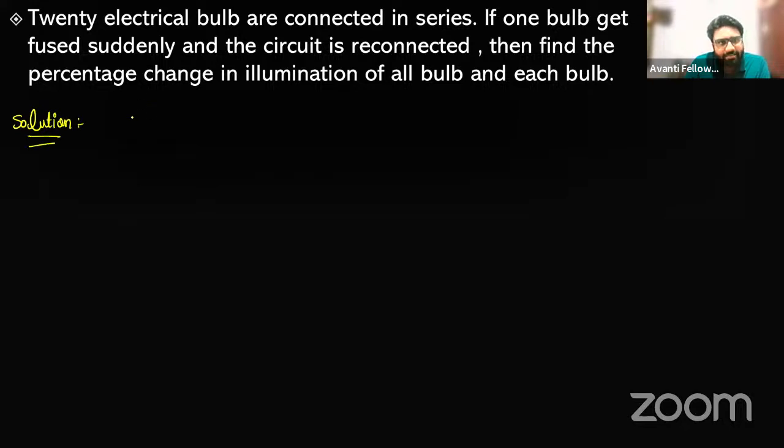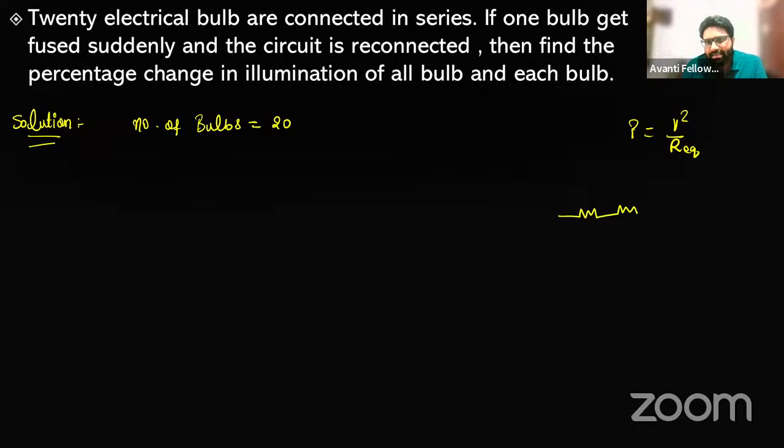How many bulbs do we have? Number of bulbs is 20. So in this case, what is the power? I told you in the previous lecture that power is V square upon R, and this R is R equivalent.